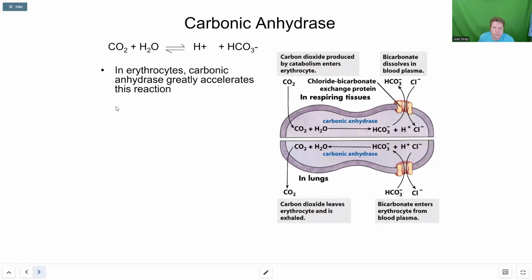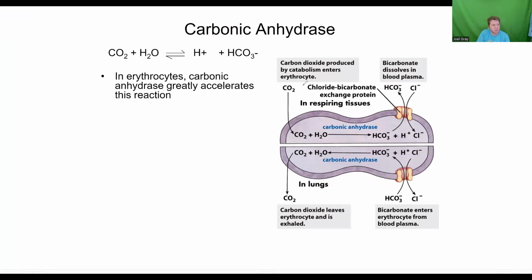Now, this is an important concept and an important enzyme for you guys to understand. Carbonic anhydrase in the lungs is where everything is going to be expelled. But in our erythrocytes, here's what's happening. CO2 is going to react with H2O to produce this HCO3. That HCO3 is going to go into the blood plasma and basically be replaced with the negatively charged Cl minus.